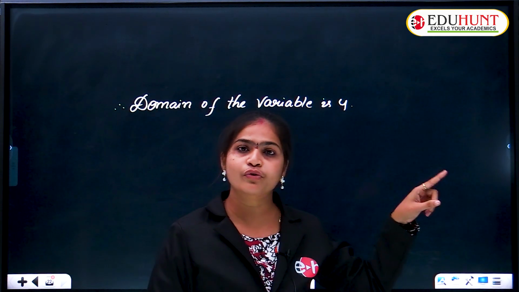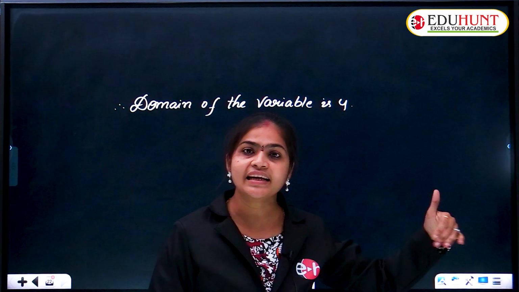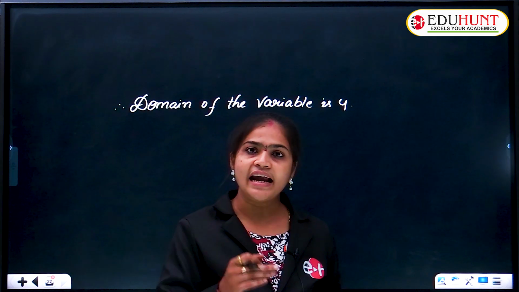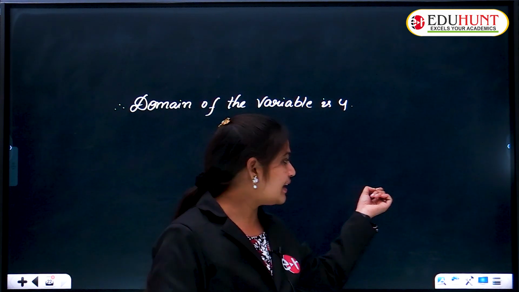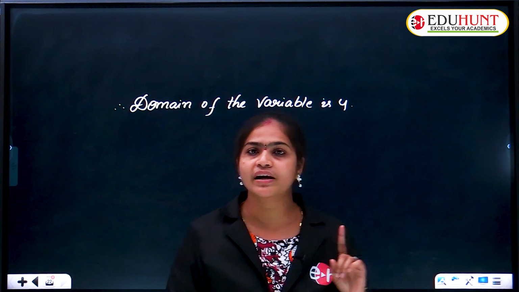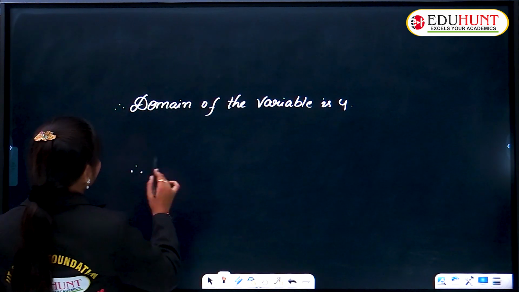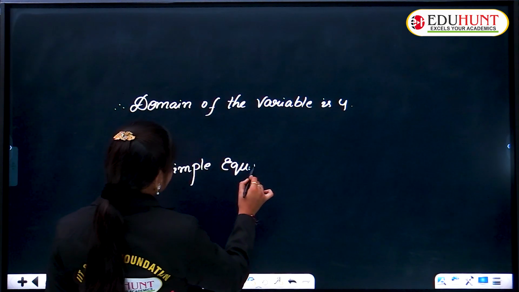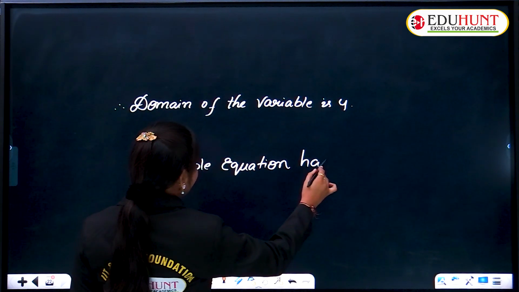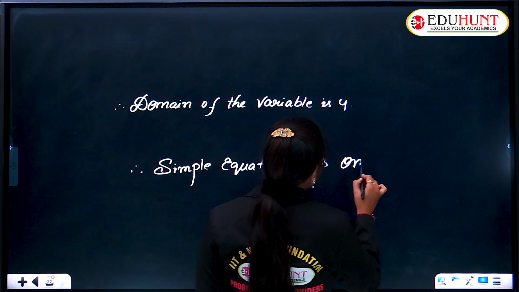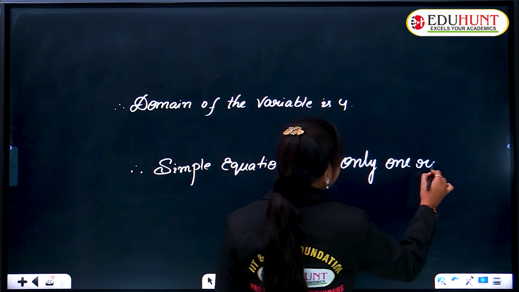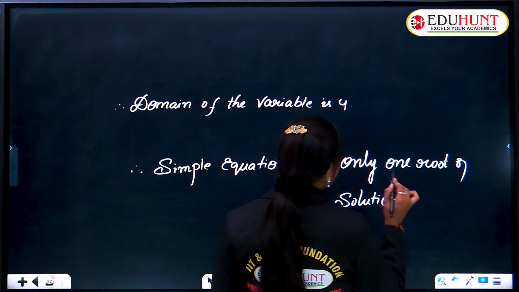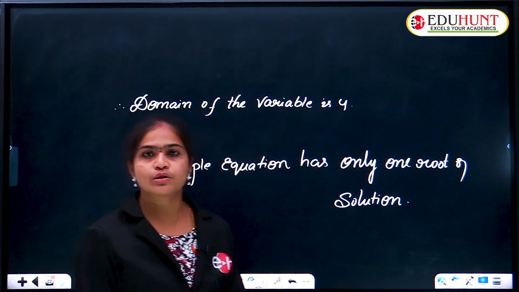That's why x = 4 is satisfying, and there is no need to check any other number, because one root already exists. So what can we conclude? A simple equation has only one root, one root or solution. Understood?